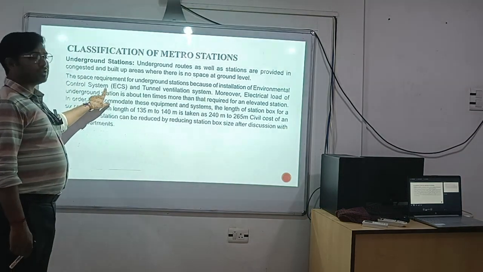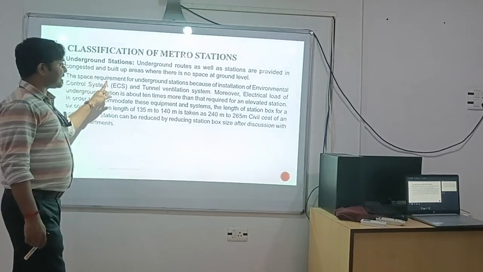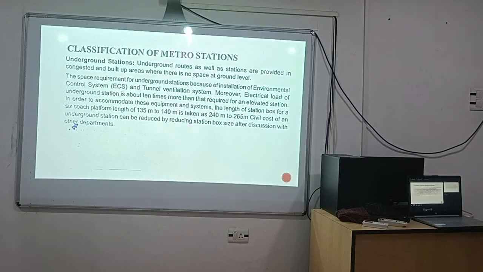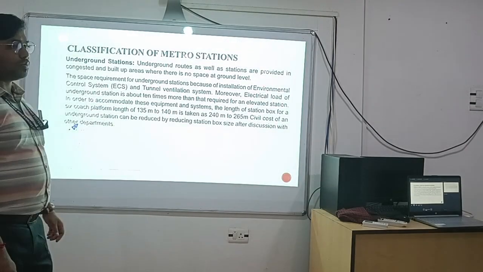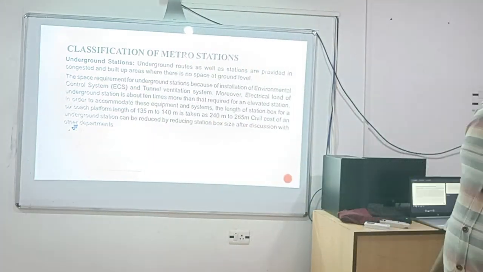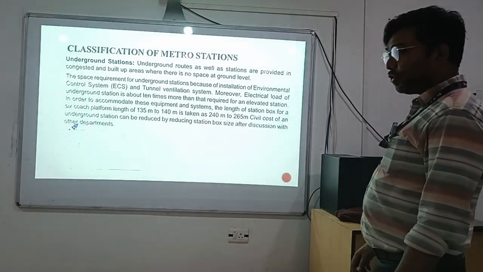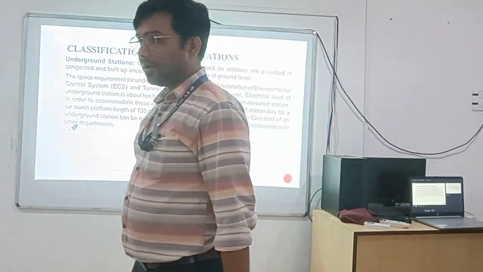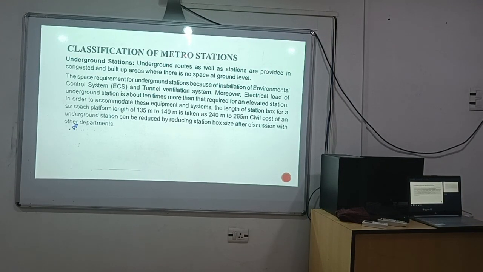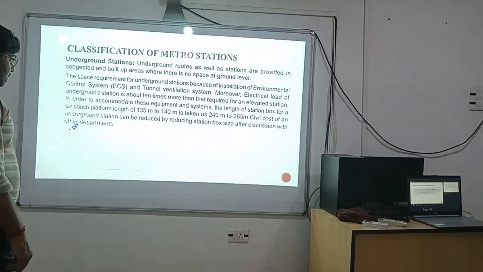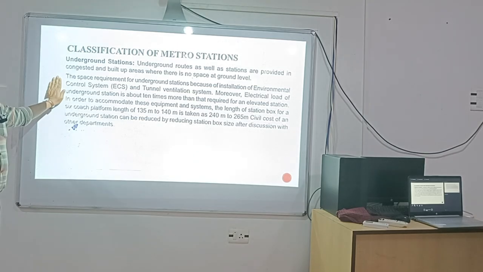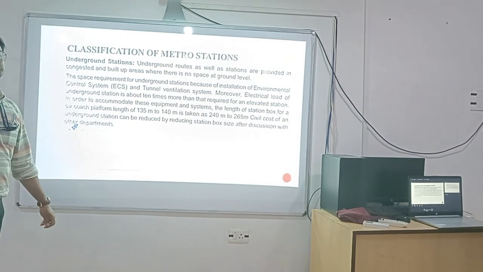The environmental control system is also under the mechanical system. The construction and the tunneling are under civil engineering works, and some parts of the signaling are under electronics. So underground stations and underground routes for the metro system are very complex and a summation of different parts of engineering. We will discuss this in more detail in the upcoming classes.